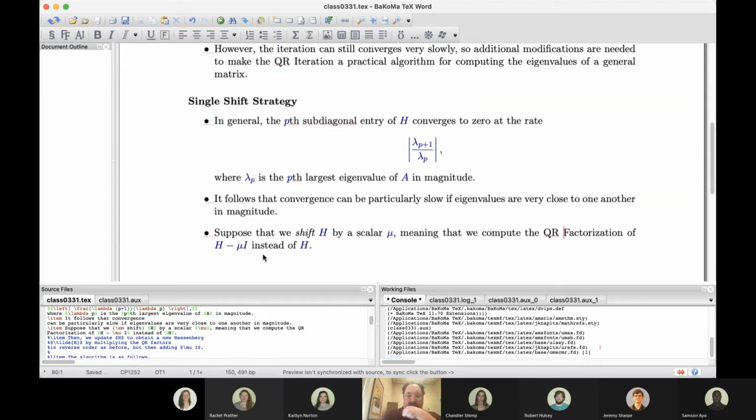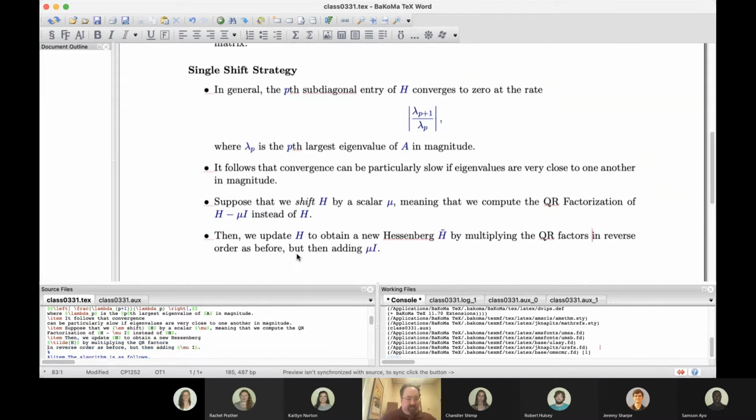So instead of working with H, we work with H minus mu times the identity. So mu is being subtracted only from the diagonal entries of H. We form this matrix, QR factorize it, and then multiply the factors in reverse order like we have been doing, and then we add the shift back.